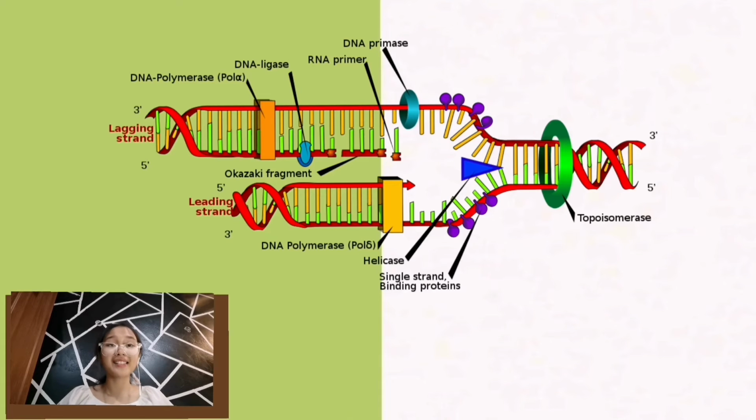Then a group of enzymes called exonucleases remove nucleotide bases from the end of a DNA chain. And with the help of DNA ligase, the DNA fragments join together by forming phosphodiester bonds between nucleotides. So basically in this stage, there are now two identical replicas of DNA from one original DNA molecule.